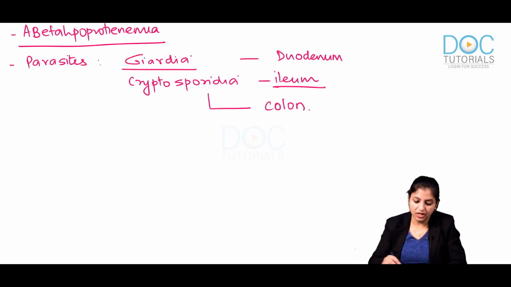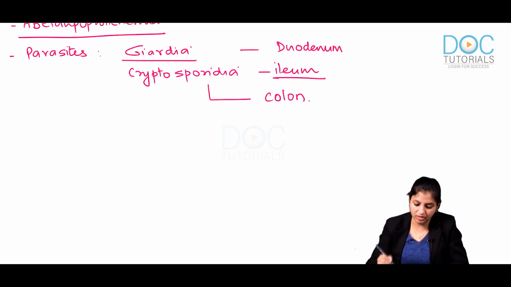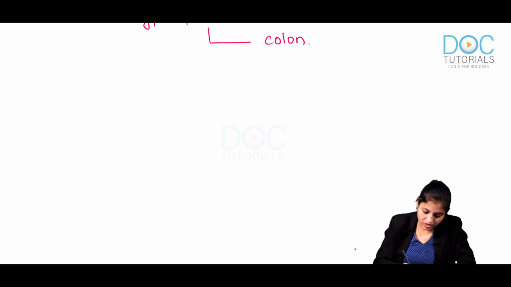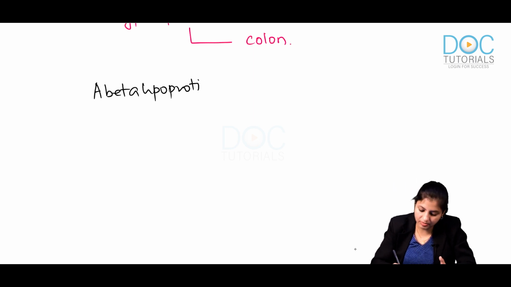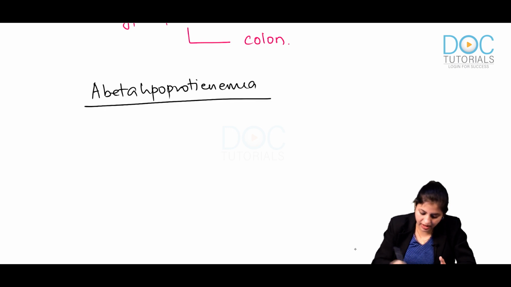Right. So Abetalipoproteinemia is a very simple disorder. What happens in Abetalipoproteinemia? The name itself says it: there is no lipoprotein B. What happens here is there is a defect in microsomal triglyceride transport protein.